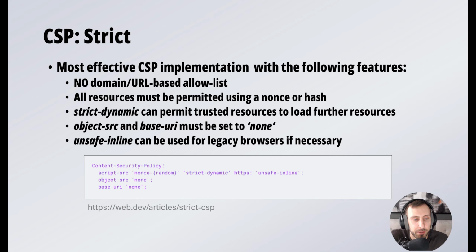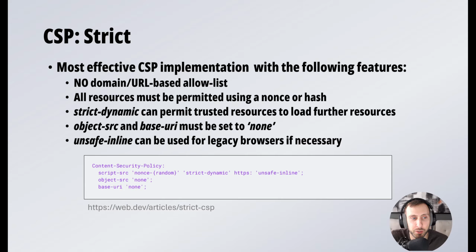So if you're using the approach seen in the screenshot here, which of course you can look up at web.dev/article/strict-CSP, then you are using what is known as strict content security policy, which is perhaps one of the only effective content security policy implementations.